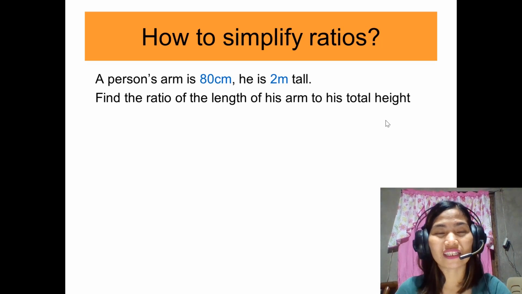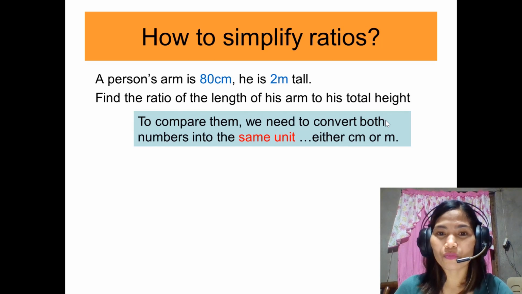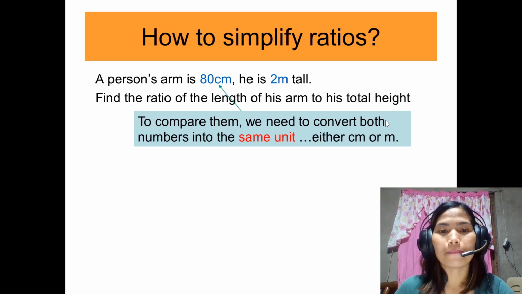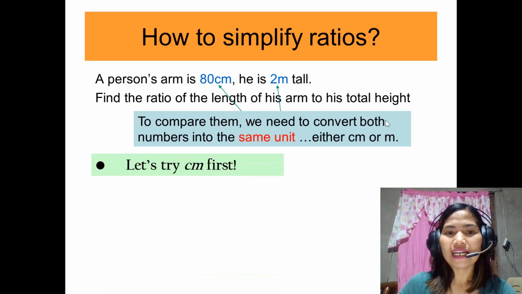The arm is 80 centimeters, while his height is 2 meters. To compare them, we need to convert both numbers into the same unit, either centimeter or meter. Let's try first the centimeter.